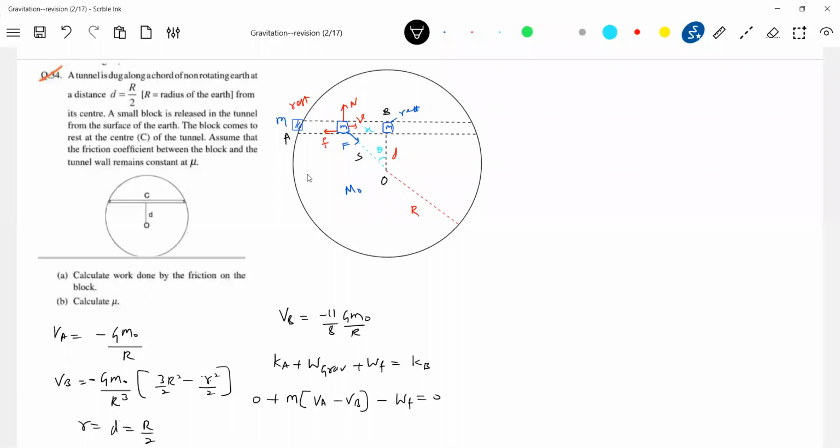Look at this. So now substitute: m into potential at A, minus G m naught by R, minus of minus 11 G m naught by 8R. This should be equal to work done by friction. Minus 8 plus 3G, check it.